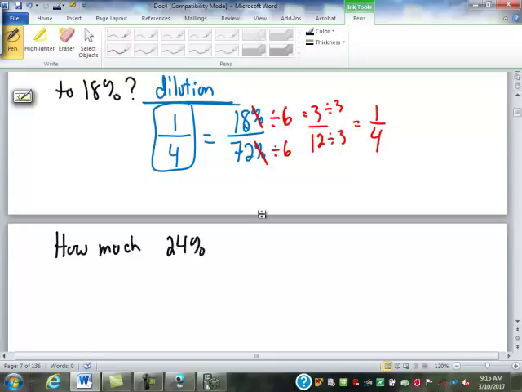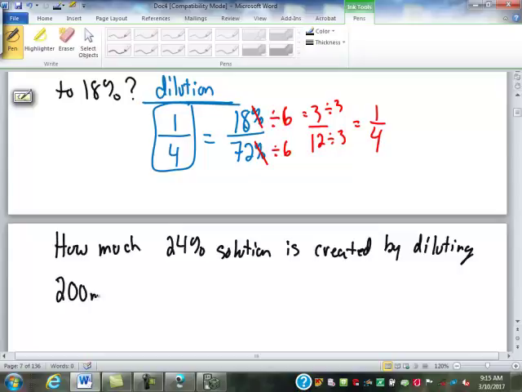How much 24% solution is created by diluting 200 milliliters of 64% solution.